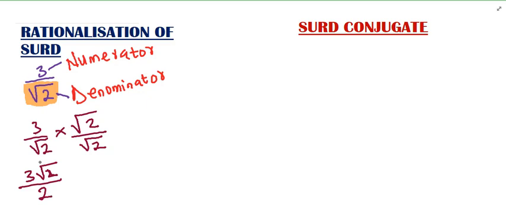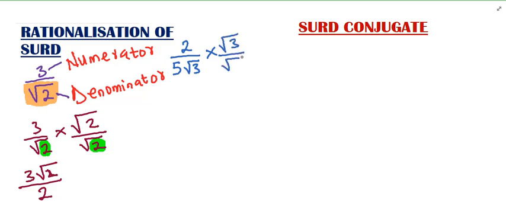Remember, I told you about this rule. Whenever SODs are multiplying themselves, I want to highlight that so that you can get your attention fixed to that. That will give us only 2. Okay, so let's say for instance we had 2 over 5 SOD 3. A SOD cannot stay here, so let's multiply by what? By SOD 3.